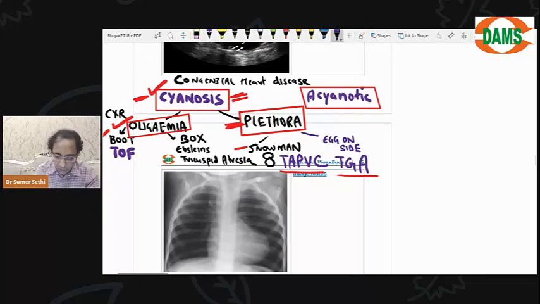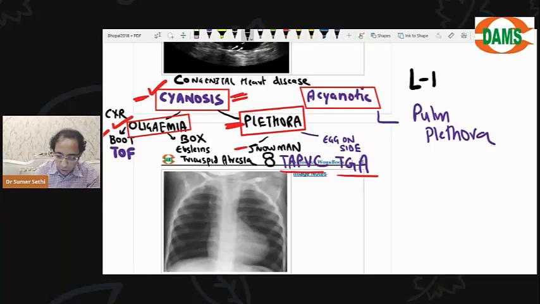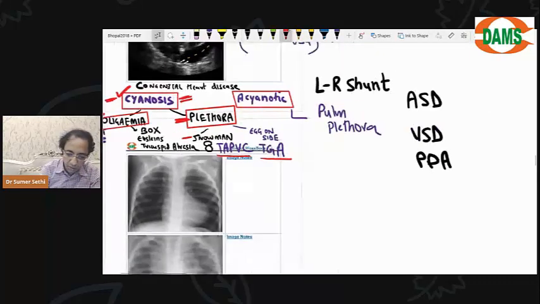Acyanotic heart disease with pulmonary plethora is left to right shunts. Okay, साइनोसिस नहीं है और लंग में वैस्कुलरिटी ज्यादा है, कंजेनिटल हार्ट डिजीज में थिंक ऑफ लेफ्ट टू राइट शंट्स. लेफ्ट टू राइट शंट्स कैन बी थिंग्स लाइक ASD, VSD, PDA. पढ़ा था एट्रियल सेप्टल डिफेक्ट, वेंटिकुलर सेप्टल डिफेक्ट.